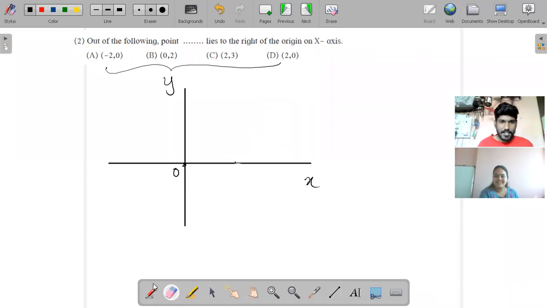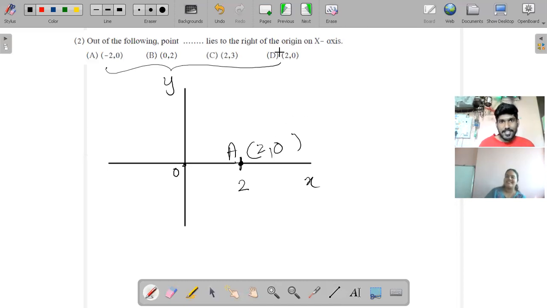Small mistake. Suppose this is 2 here, then what will be the coordinates? How will you write it? Suppose this is point A, it is on this. So what will be its coordinates? 2, 0. So which is the answer then?